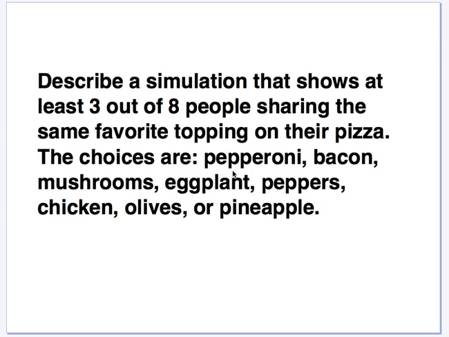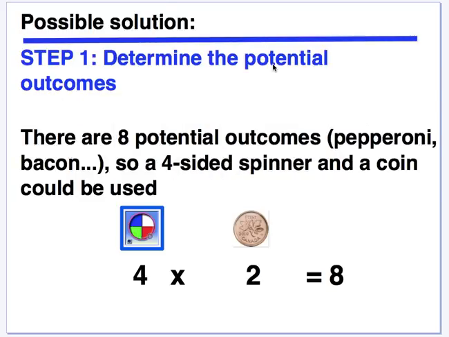Now, the first thing you're going to be doing is determining the potential outcomes, and that's the first step always. Because there are 8 different possible toppings, pepperoni, bacon, and so on, we need something that is going to simulate 8 possible outcomes. And we always look at the shortcut of how do we create 8 using multiplication.